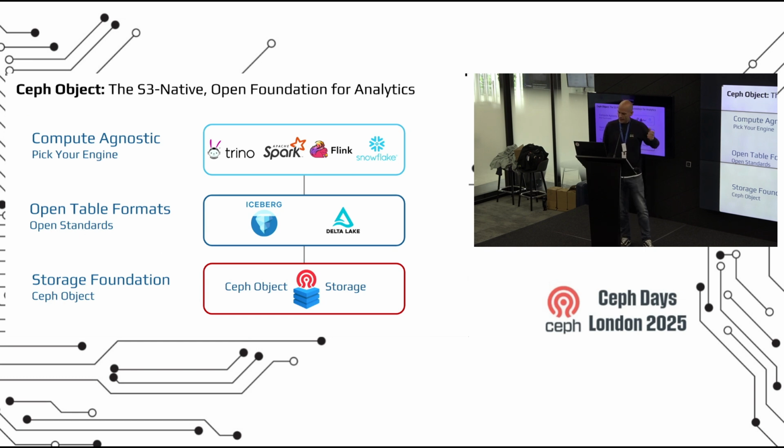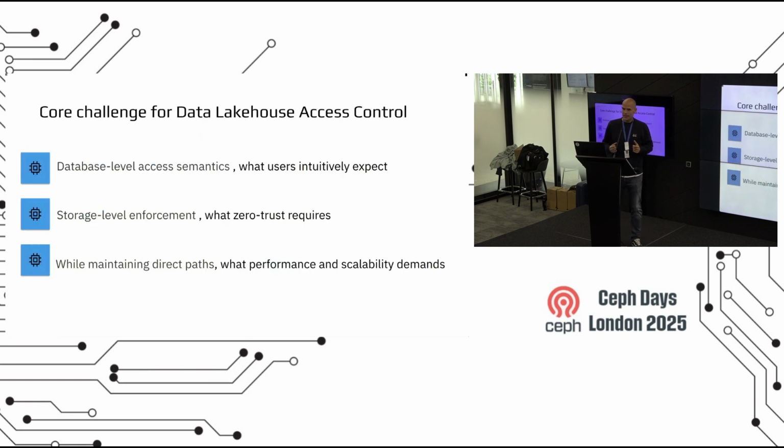Everything sounds great, but it's not so easy. You have so many engines, so many ways to access the data, so how are we going to control who can access what parts of your data? For example, who can insert in the marketing table, who can do a get in whatever other table we have. That's the difficult part. Here I have a list of three main challenges.